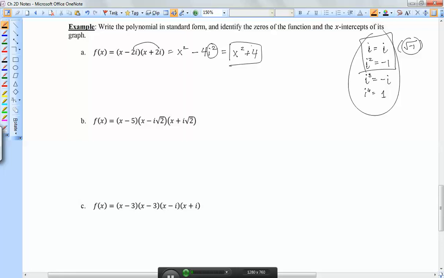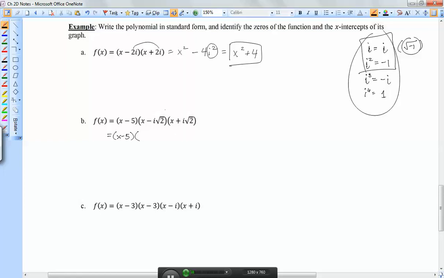In the next one, we've got a real root here, and then two imaginary roots. What I would suggest you do is multiply these two together first, because the fact that they're conjugates means you're going to get rid of some stuff in the middle that would normally be there. So when I multiply this out, I'm going to get x squared, from x times x.